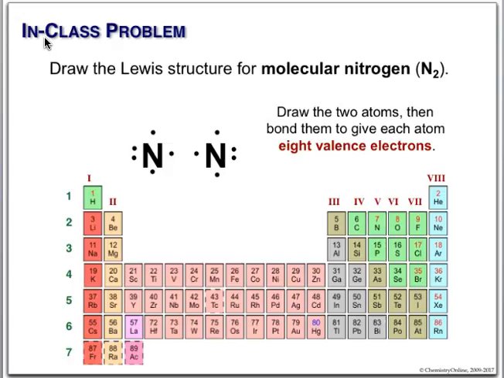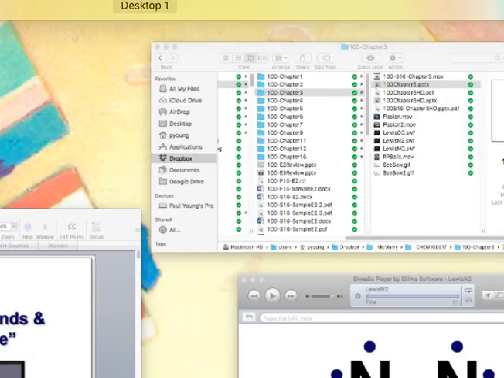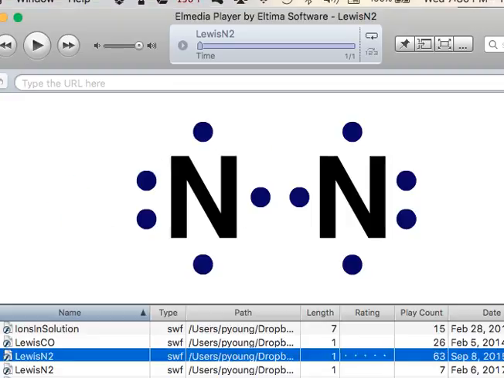Remember, we want each of them to have 8 electrons. How in the world are you going to do that? Well, we're going to go to my computer here and see if I can make this work. Here we go. Here's our 2 nitrogens, right?